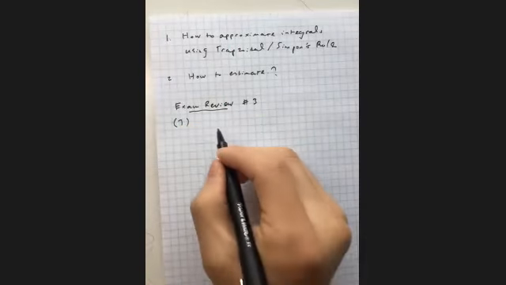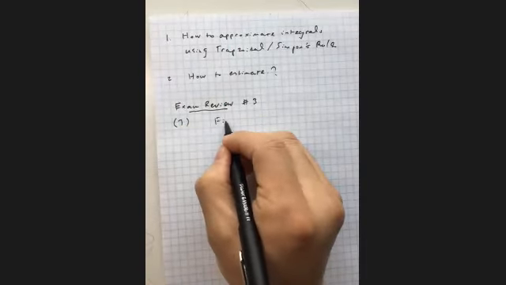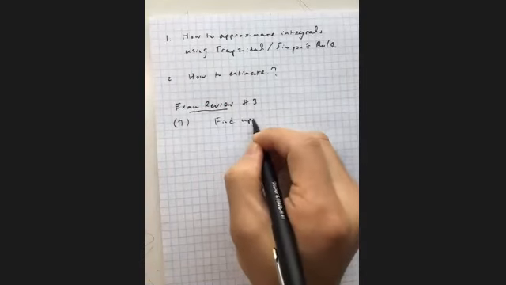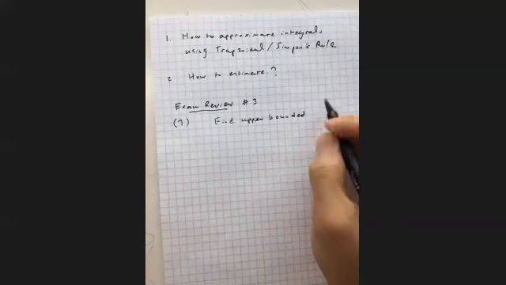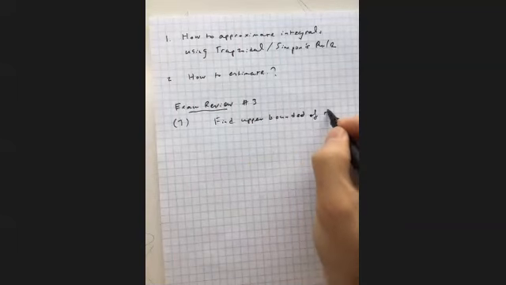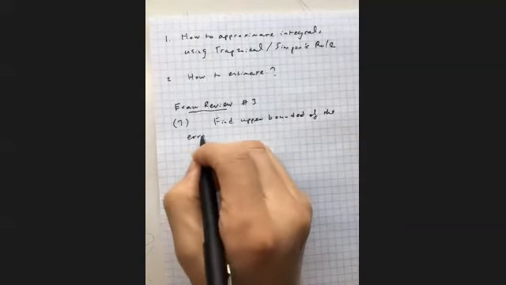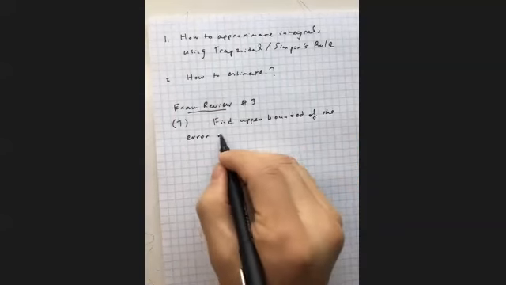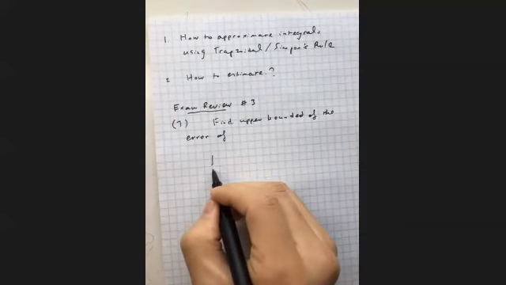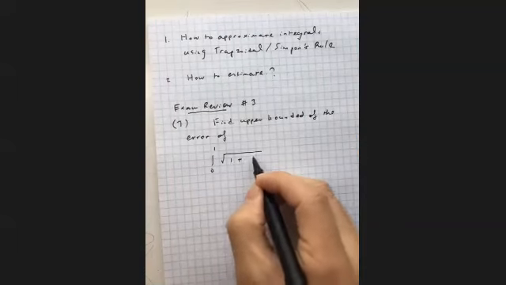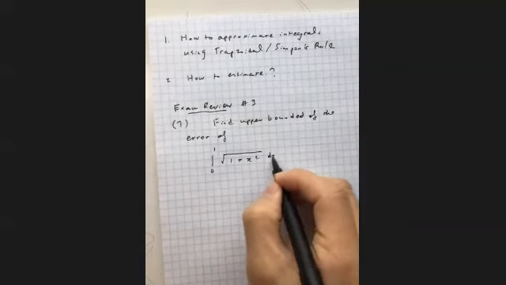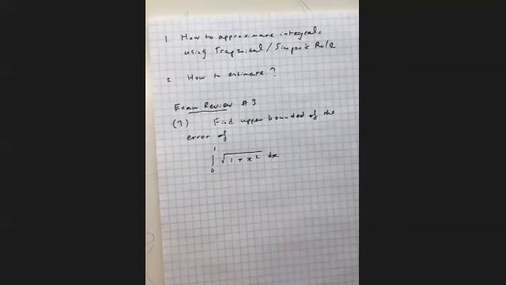The problem is to find an upper bound of the error of the following integral by using the trapezoid rule. So that's the question.